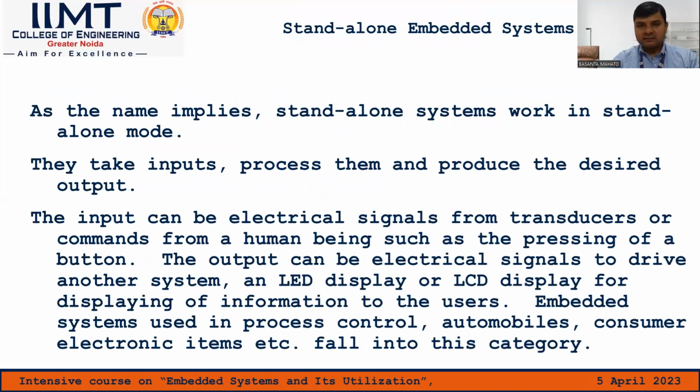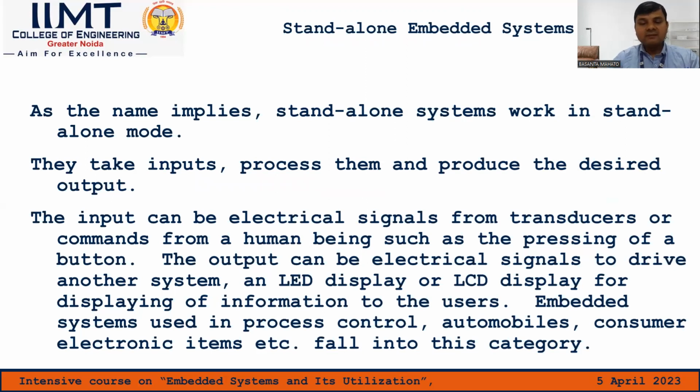Like the name suggests, a standalone embedded system works in a standalone mode. The input can be electrical from a transducer, or a command from a human being, such as pressing a button.